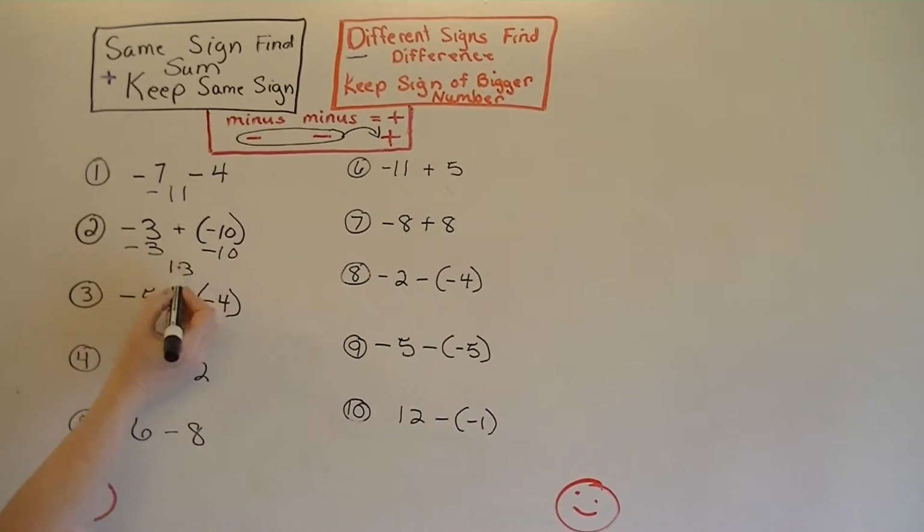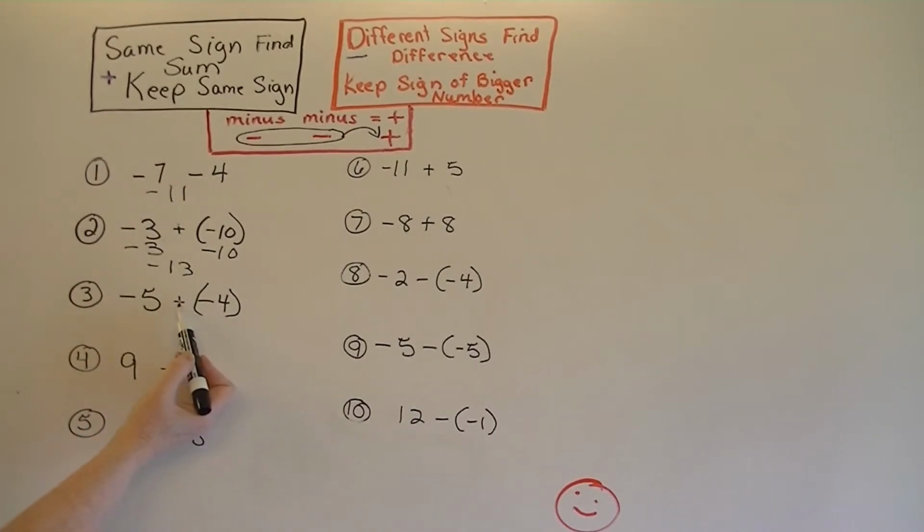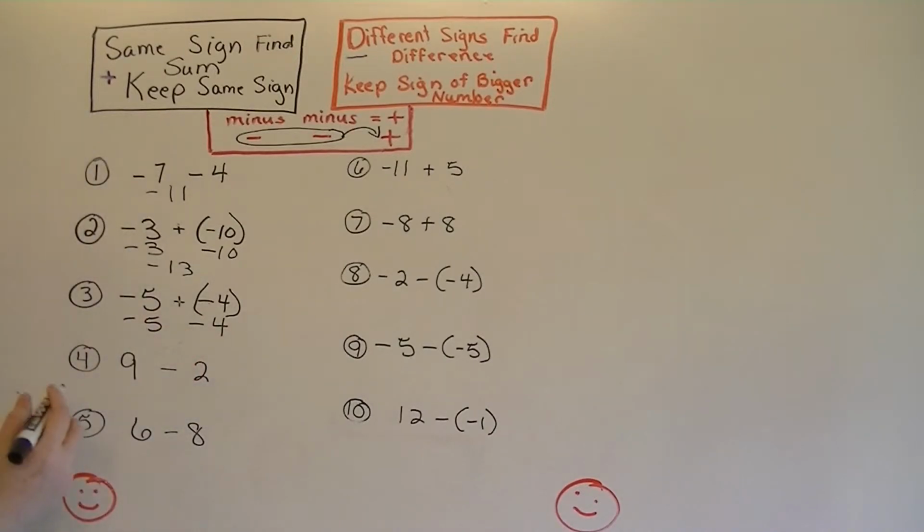You would add them and keep the same sign, which would be -13. Number 3 is the same. We have a -5 plus a -4. Well, when there's a positive and a negative in front of the same number, the number is really negative. That puts us at the first rule, the same sign. Take the sum and keep the same sign.